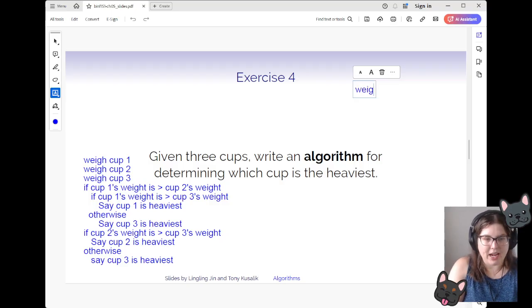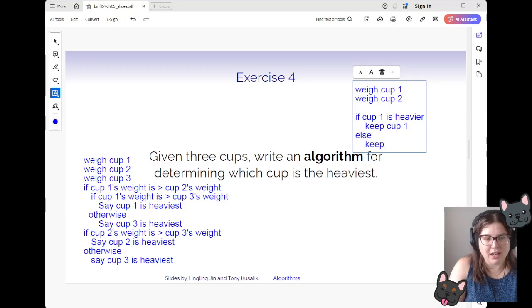So we'll say weigh cup 1 and weigh cup 2. If cup 1 is heavier, keep cup 1, else keep cup 2.